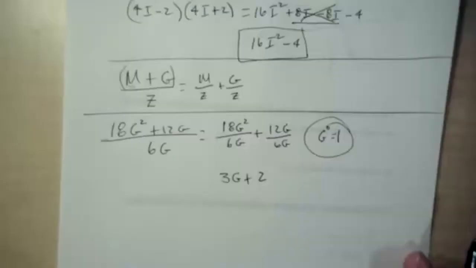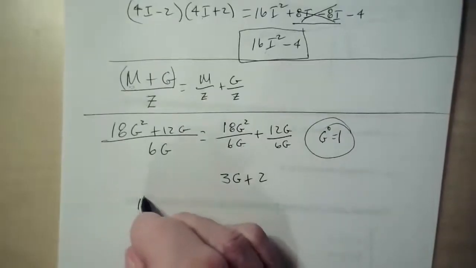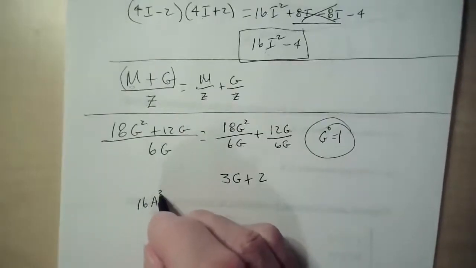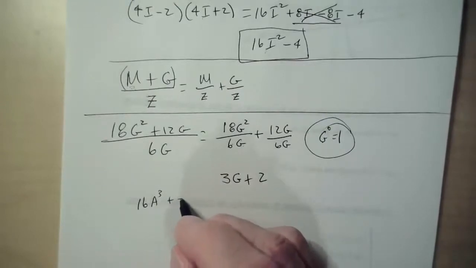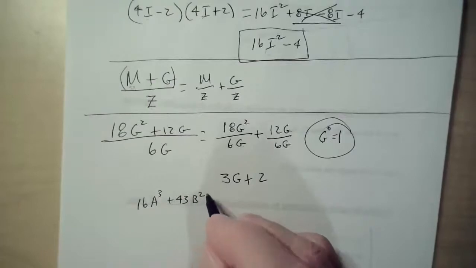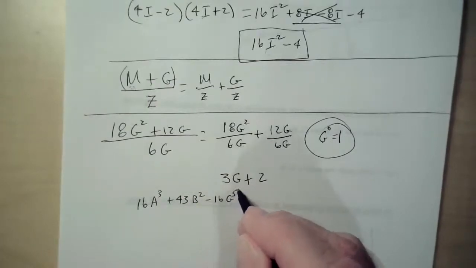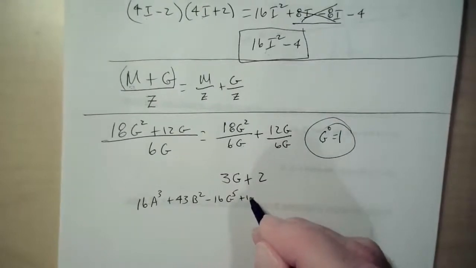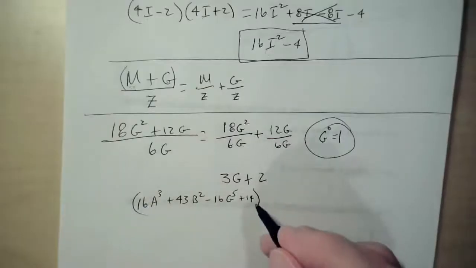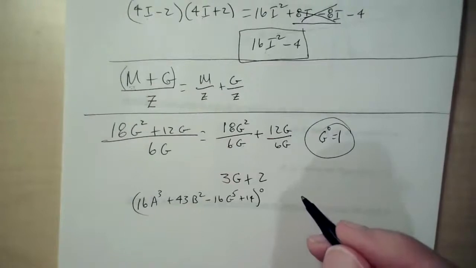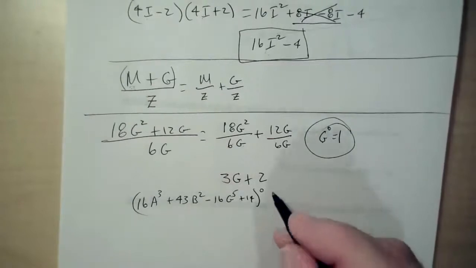Did I bore y'all with this before? What you're going to get on the final is 16a cubed plus 43b squared minus 16g to the 5th plus 14, all to the 0 power.